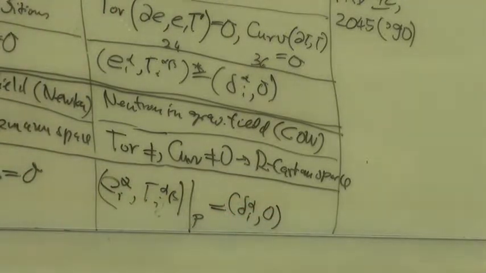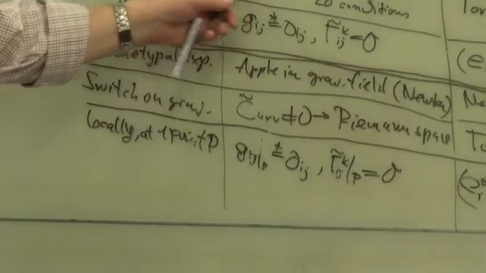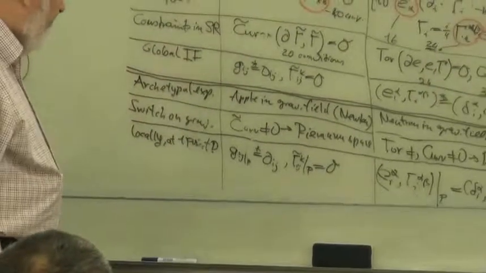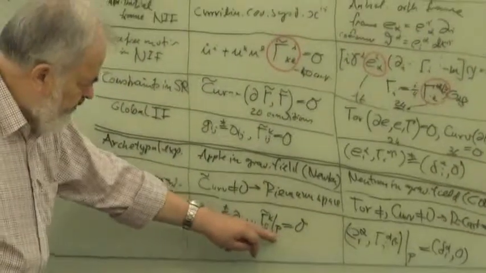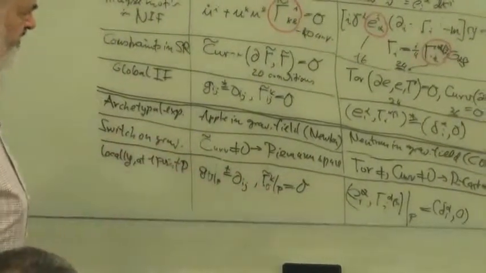So often it is said this cannot be true because torsion is a tensor and you cannot get rid of a tensor at one point. Well, the same is true for curvature. Curvature is a tensor and you cannot get rid of the curvature at one point. However, if you look for a point in its neighborhood where only the homogeneous part of a curvature is relevant, then you can really transform it to zero.